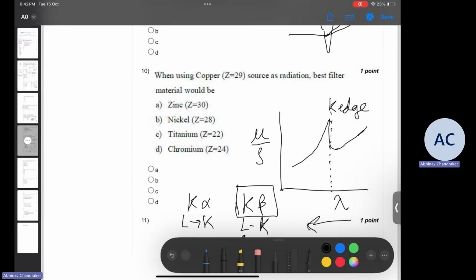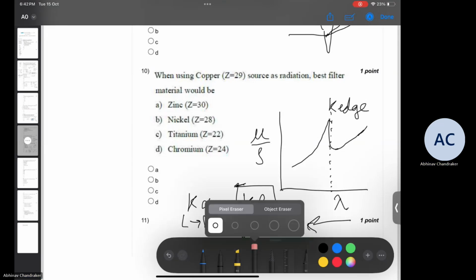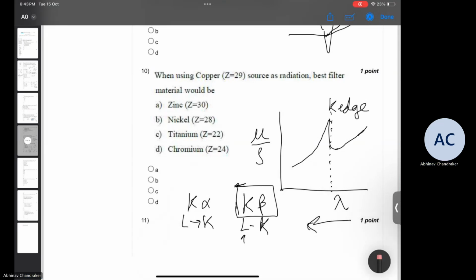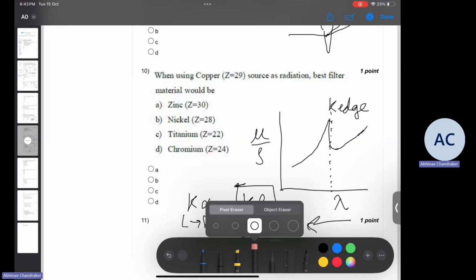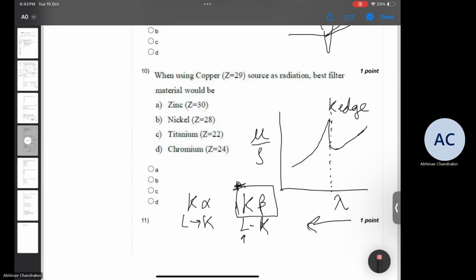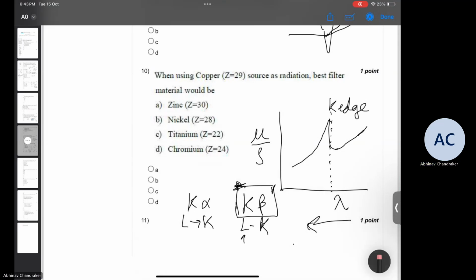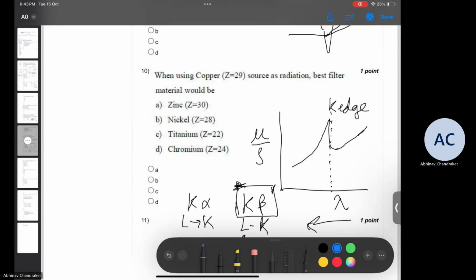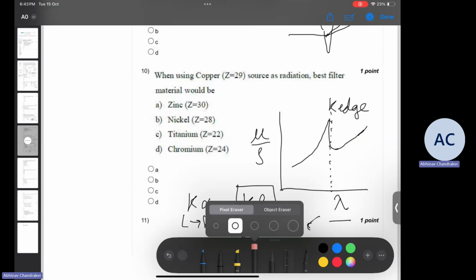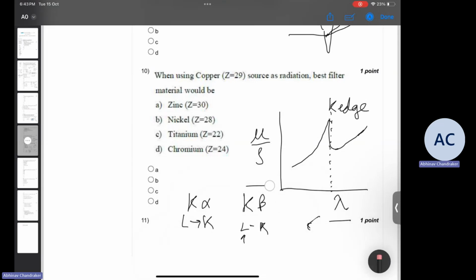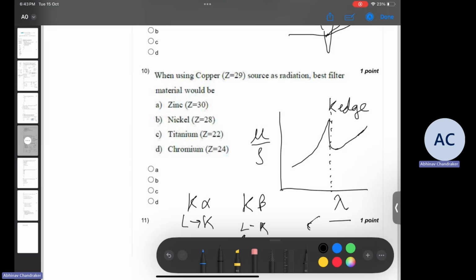actually K beta will be difficult to filter out because it has a very close wavelength to K alpha. Anyways, yeah, I was saying the K beta has a wavelength which is very close to K alpha, so it is difficult to filter this out.